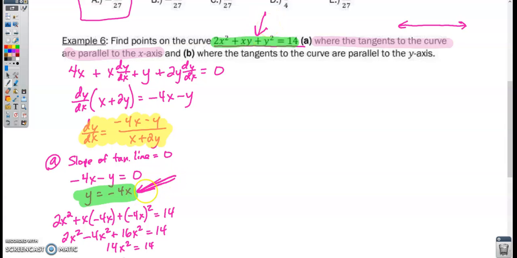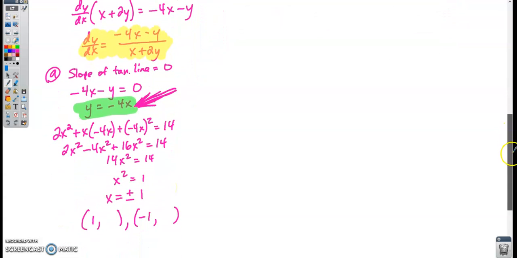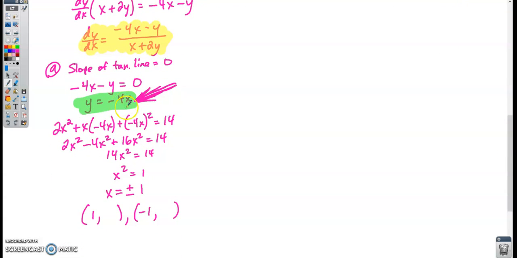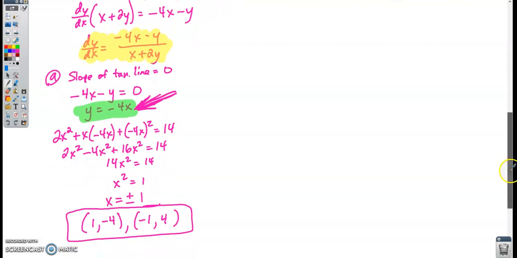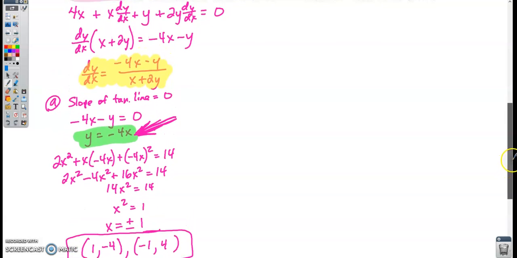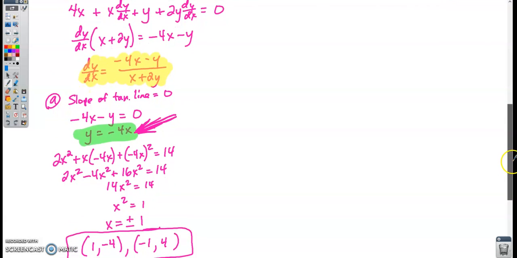I'm going to go with this one because it's so much easier. So we'll substitute those x values in, multiply them by negative 4, and bada boom bada bing. Those are our 2 points where the tangent lines to this curve are parallel to the x-axis. Okay, that takes care of part A.